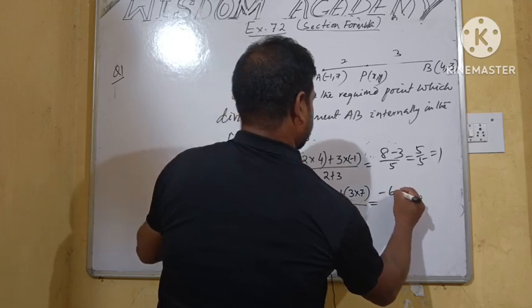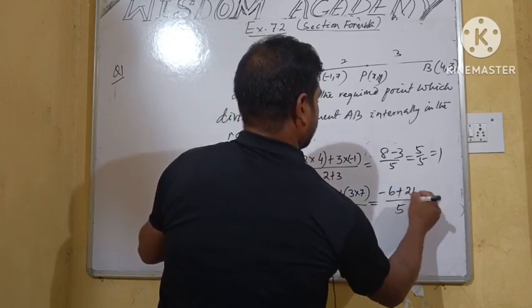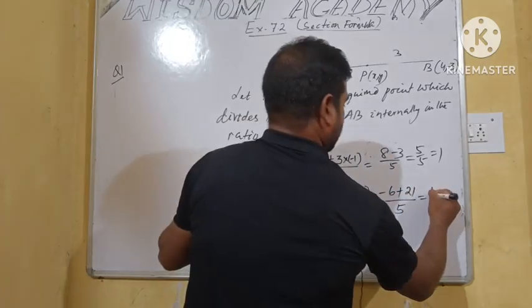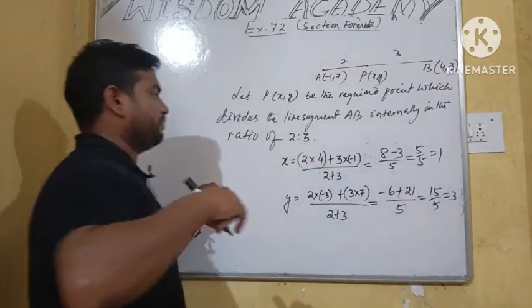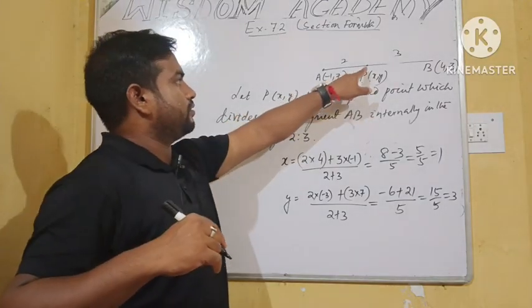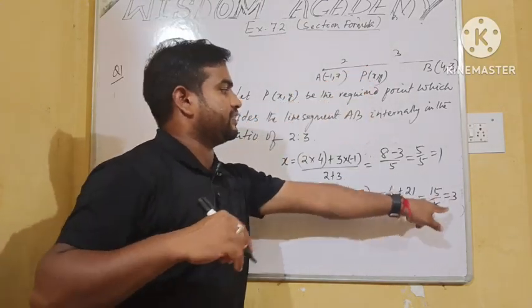That is minus 6 plus 21 by 5, 21 minus 6 is 15 by 5, which is 3. So the required point P has coordinates (1, 3).